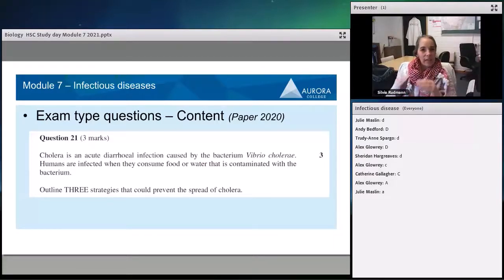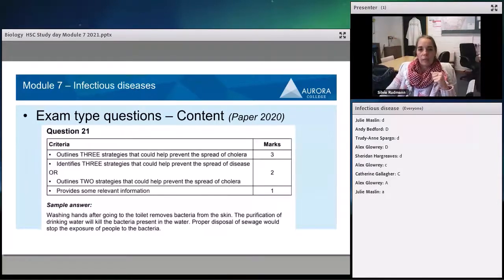To get that Band 6, if you see a low-level verb like this one, answer your question as if it were a higher order verb, as an explain verb. That is going to help you get Band 6 because you're going to put in more information, right? So, 3 strategies: washing hands, purification of drinking water, and proper disposal of sewage.